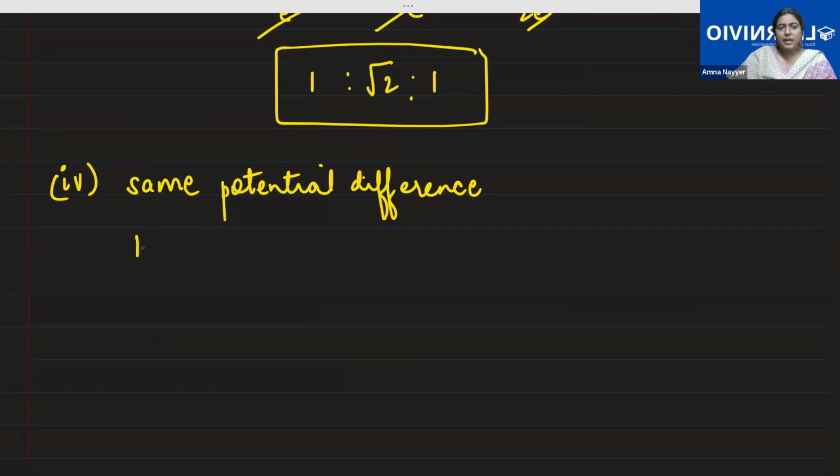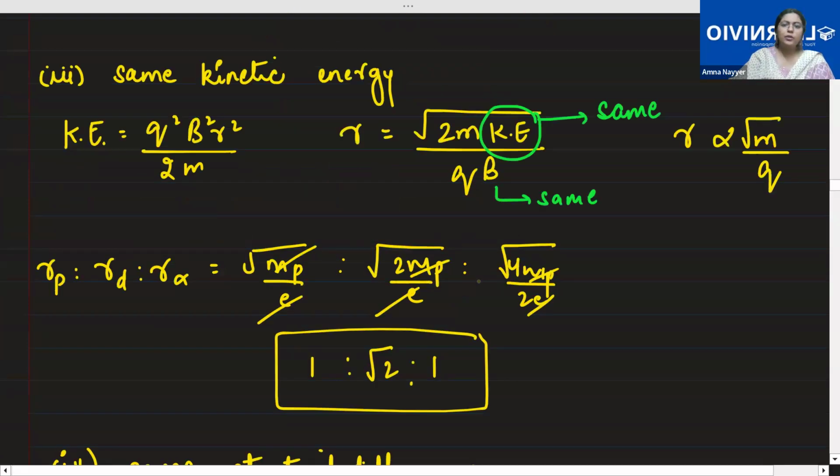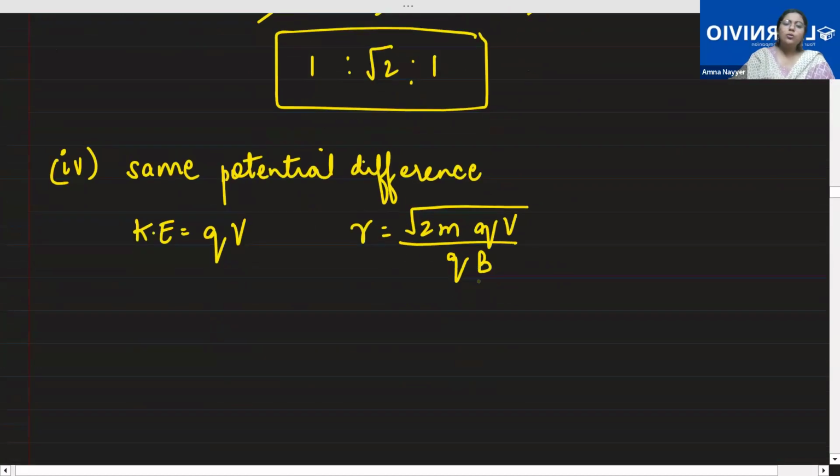Kinetic energy is equal to charge multiplied by the potential. So in the formula R is equal to under root 2mKE by qB, we can write qV, under root, same thing, divided by qB. So what can we say?